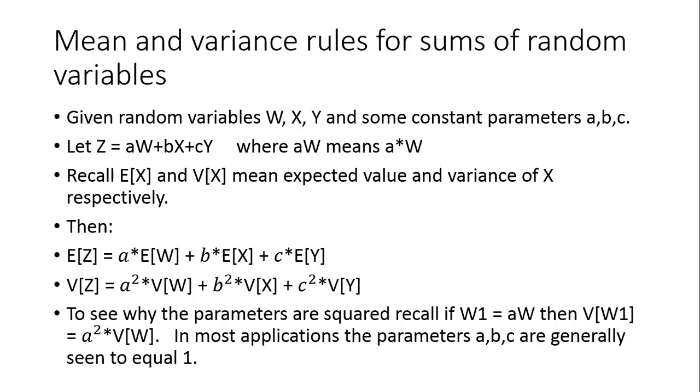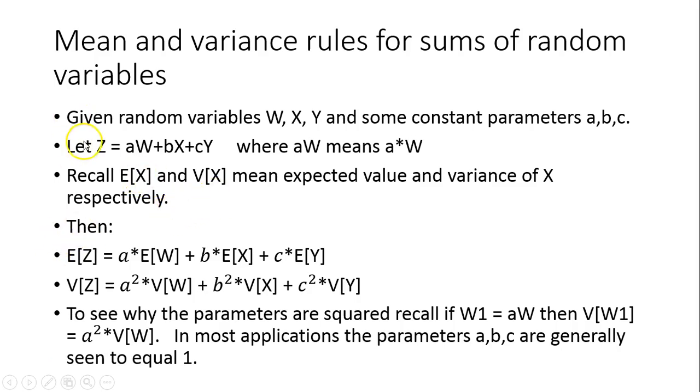Moving on. Let me show you some mean and variance rules here for sums of random variables. Given random variables called w, x, y, and some constant parameters a, b, c. Let z be aw plus bx plus cy, where aw means a times w. We call expected value of x and variance of x the mean, expected value and variance of x respectively, right?